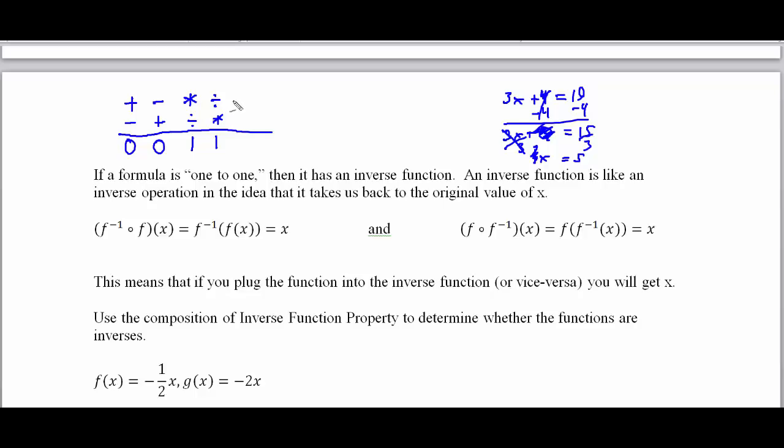A couple chapters ago, we explored what happens when you have the square root of x. What is the inverse operation of square rooting? It would be squaring, and vice versa. If you had a square of some number and you decided to take the square root of it, that would give you x.